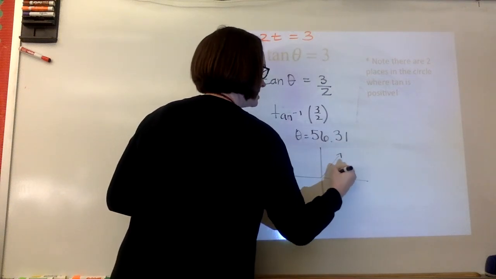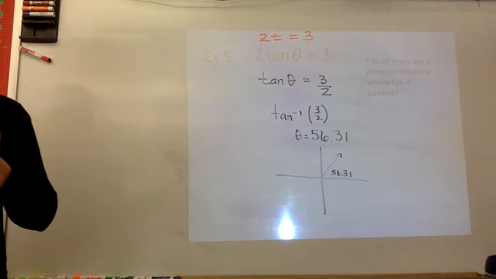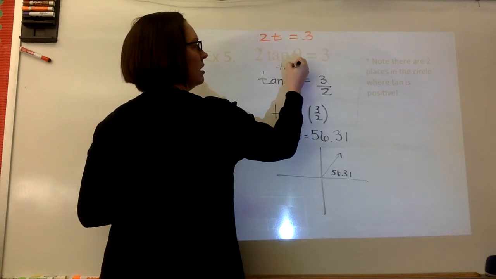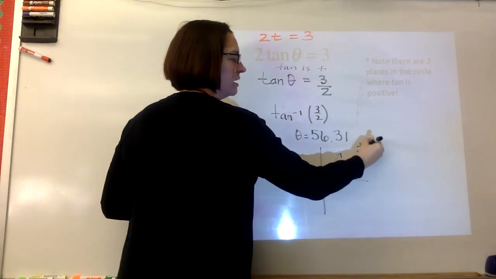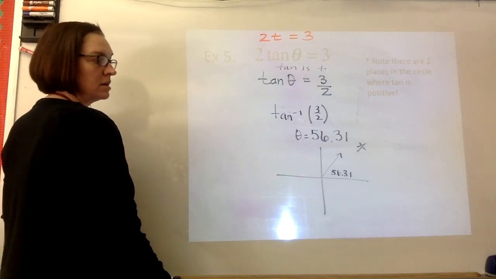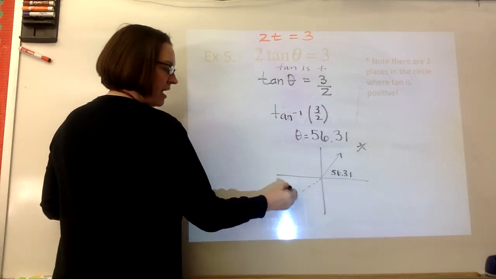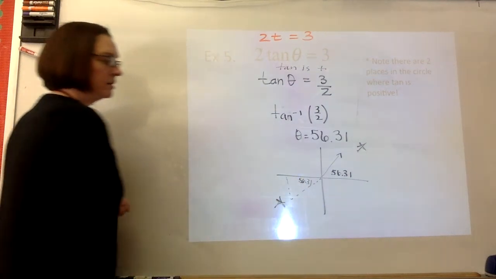This is 56.31. Here's the key, and I put the note on the board. There are 2 places that tangent is positive. Tangent is positive. It exists in quadrant 1 and what else? 3. If I draw the reference triangle in 3, this is 56.31.